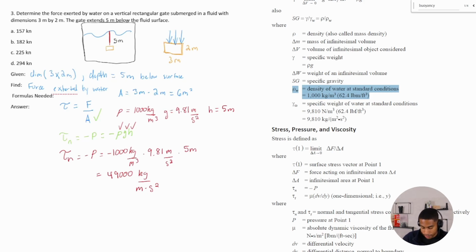So what are we trying to find again? Trying to find force. So we now have T n, we have A, and so now we can find what we're looking for, which is F, right?